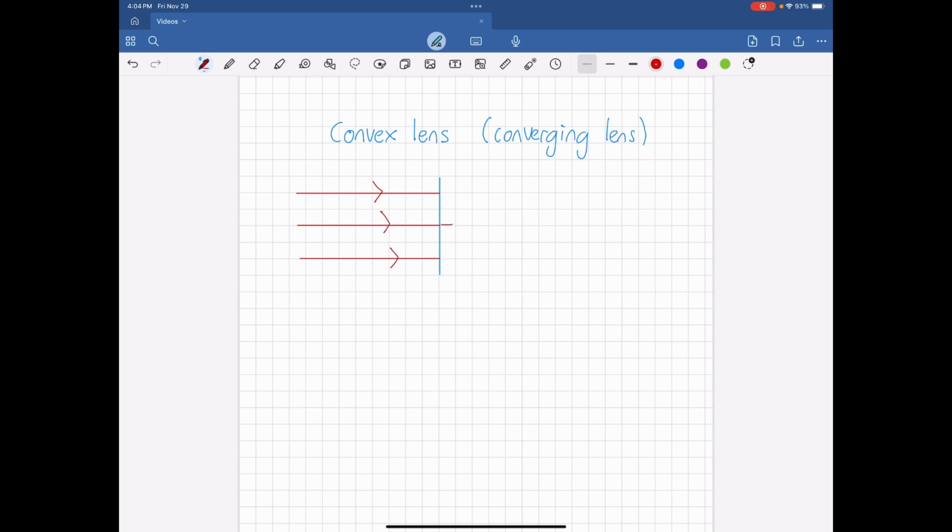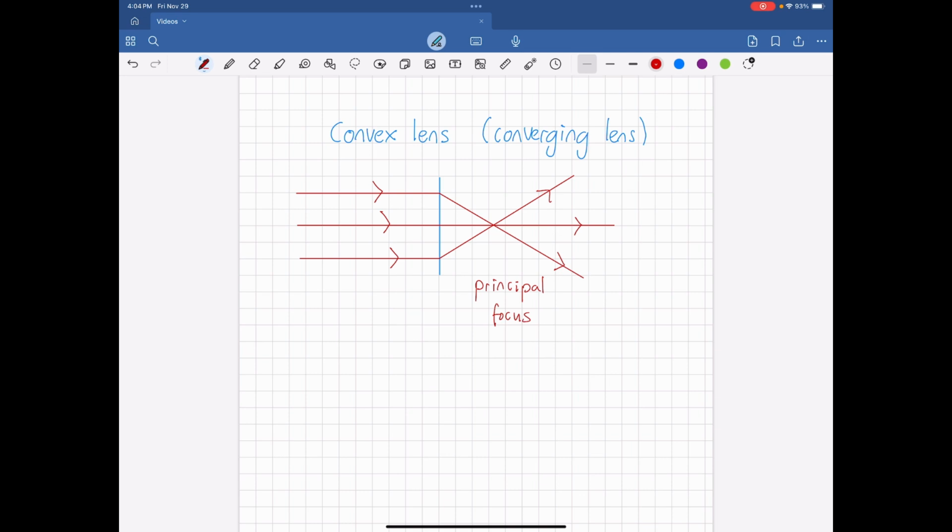Now, what happens with this kind of lens is that these three rays of parallel light will all converge, hence the name converging lens. They will all converge at the same point. And that point is given a special name. That point is referred to as the principal focus.